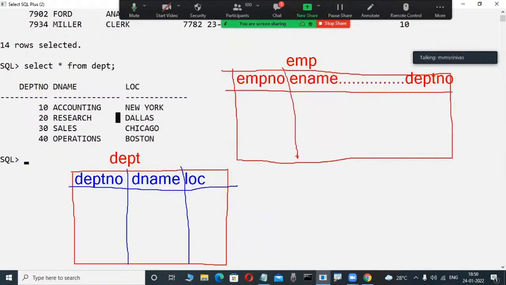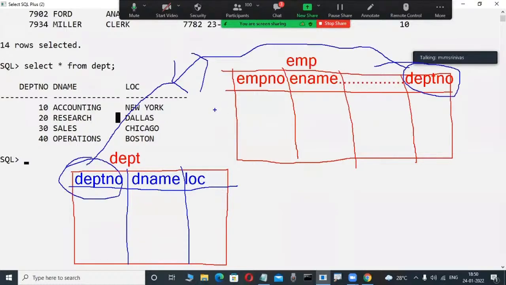In these 2 tables, first you have to check whether a common column is there. Yes, there is a common column, which establishes the relationship between them. Now concentrate here.